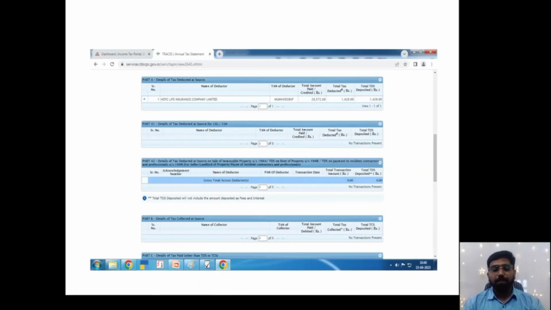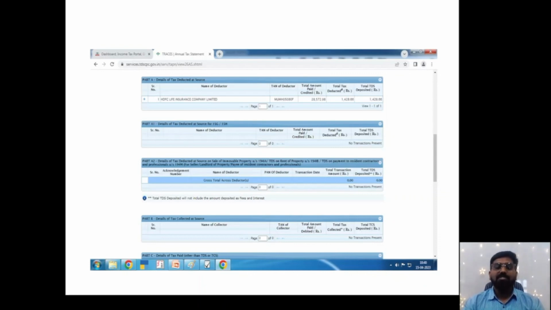Part B. Details of tax collected at source. A simple example of this tax collected at source is an assessee has purchased a vehicle whose value is more than 10 lakhs.